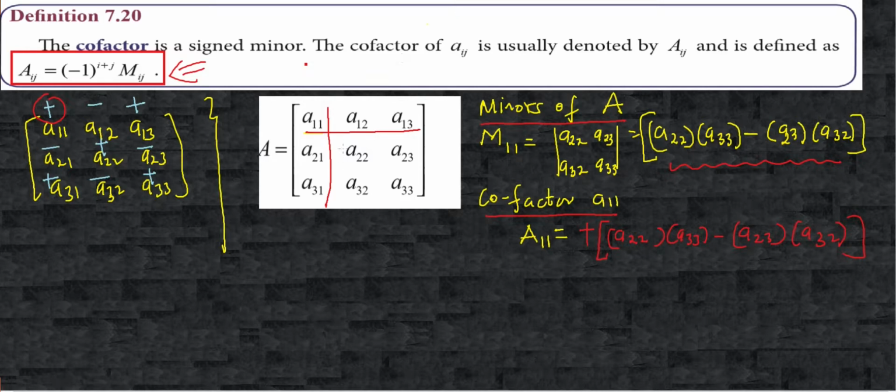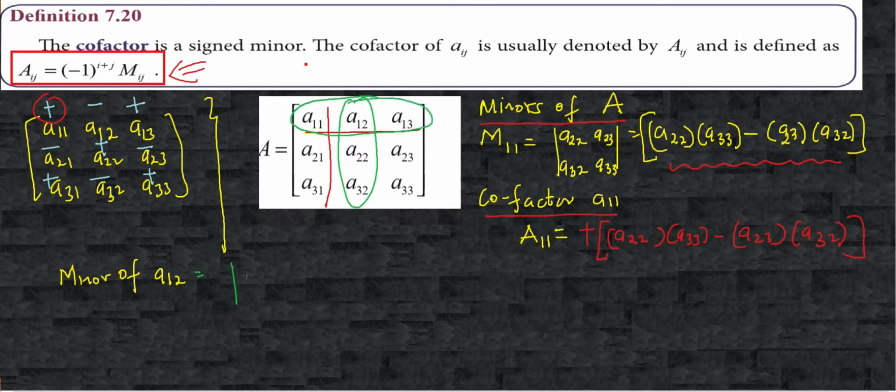So let us go on to find the minor of the second element, A12. What you have to do is take away all the elements that are in line with the column of A12 and with the row of A12.